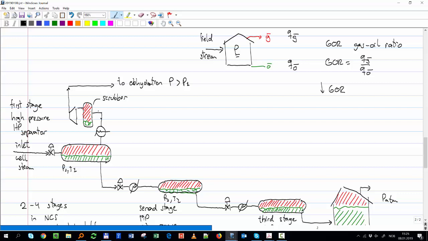Back in the separator. But to avoid having a pump, sometimes I just inject it right there, because the pressure will be lower than P1, but still usually higher than P2. So to avoid having a pump and injecting it to the same separator, I just send it to the next separator.